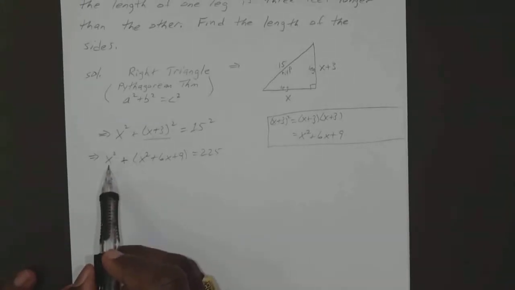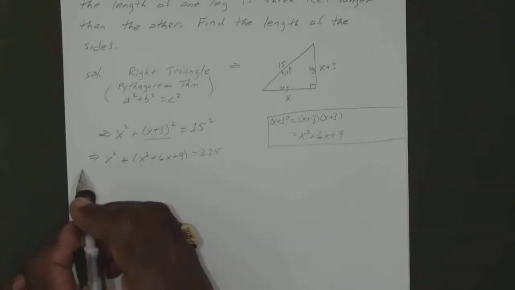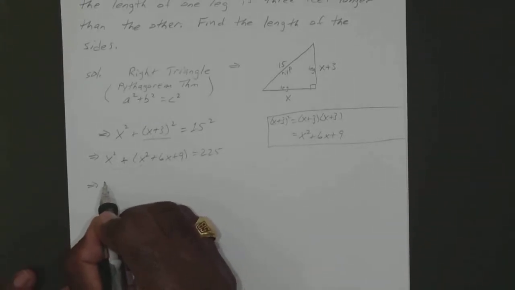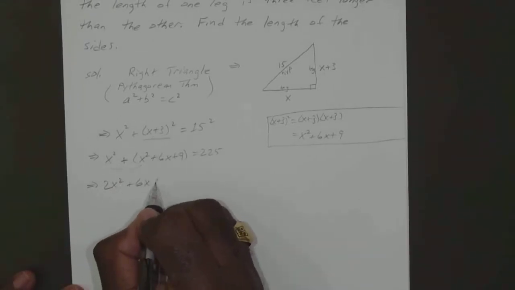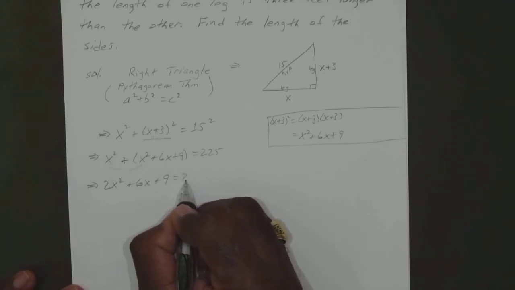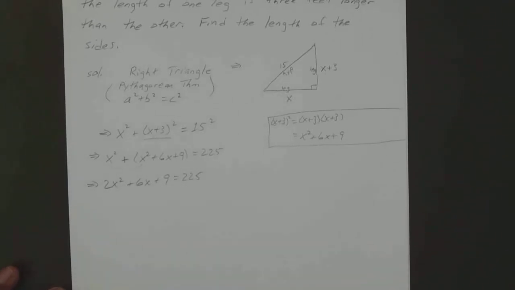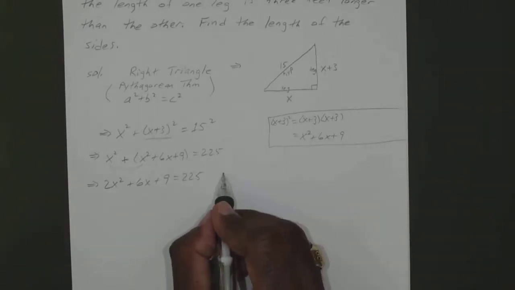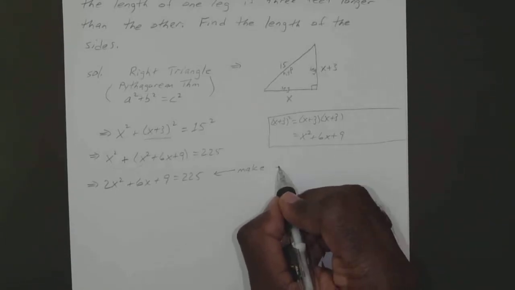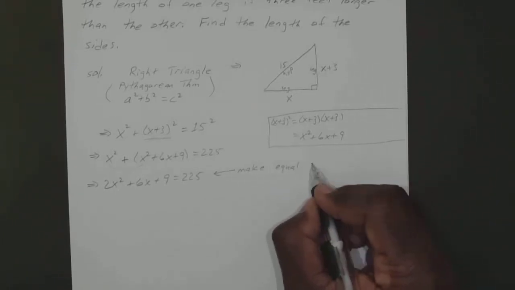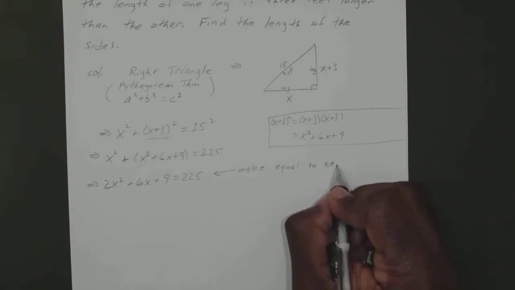All right. So actually we can go ahead and combine those two. So you have 2x squared plus 6x plus 9 equals 225. But we know we can't solve it until we make it equal to 0. So you want to make it equal to 0.